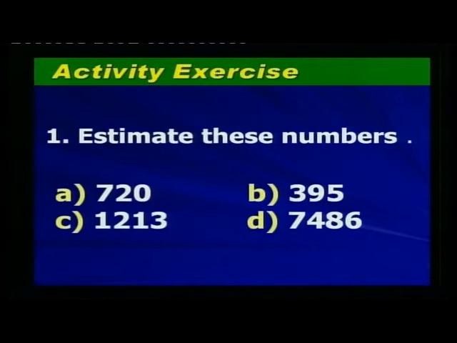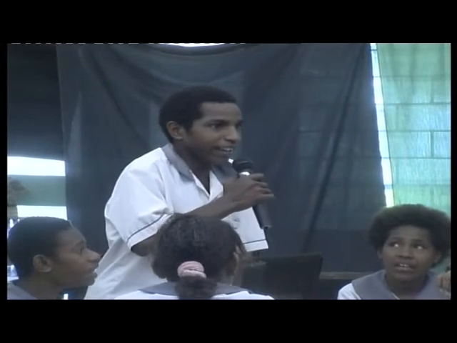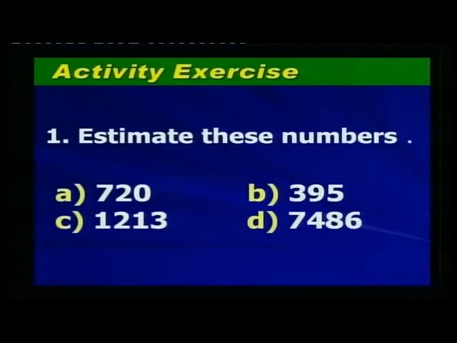Why did you say 700? Why did you estimate it to 700? Because the second number is less than 5. Again? Because the second number is less than 5.